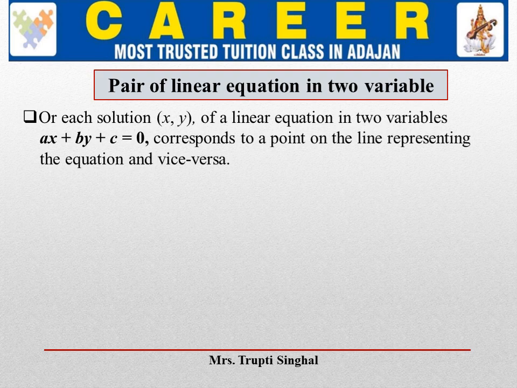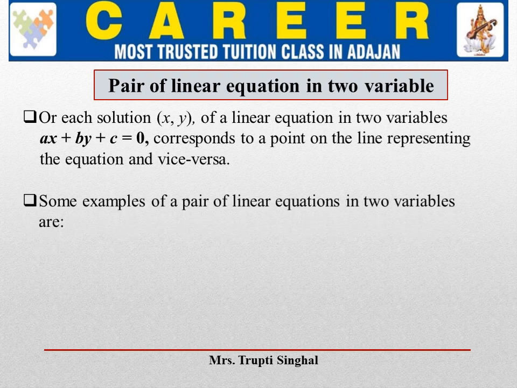Or you can say that each solution, that means the point x and y of a linear equation in two variables ax plus by plus c is equal to 0, corresponds to a point on the line representing the equation, and vice versa. That means if a point is on the line, then that point satisfies the line, and all the points on the line are solutions of the line. That is what we exactly call it.